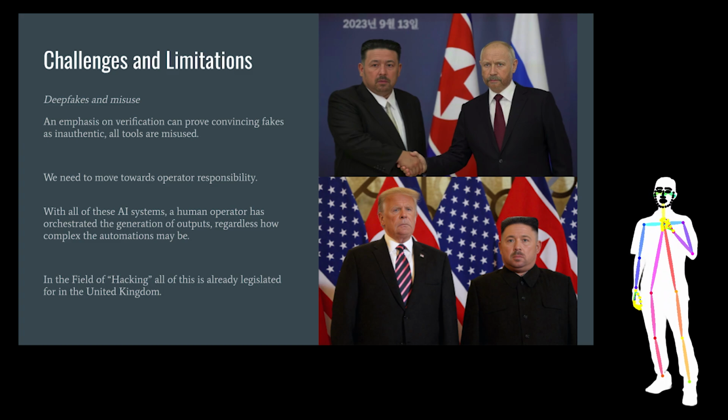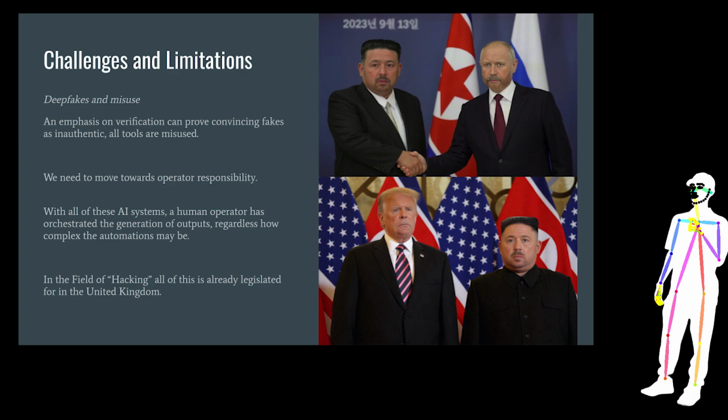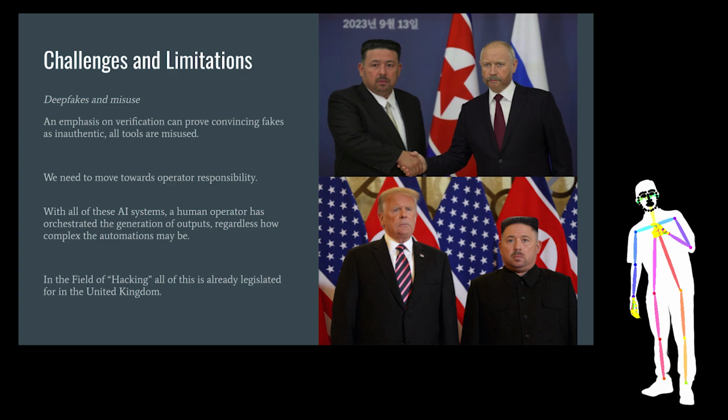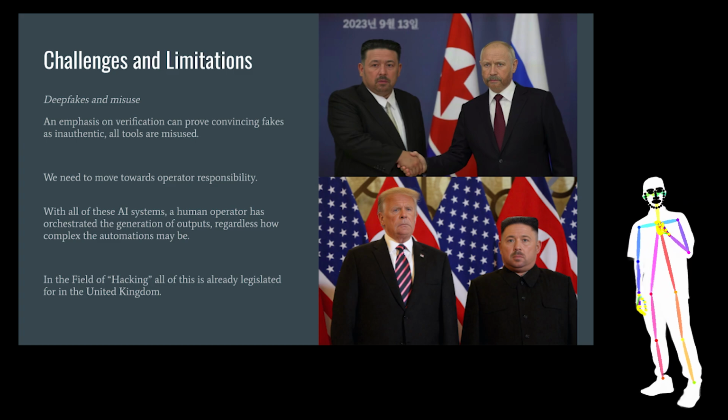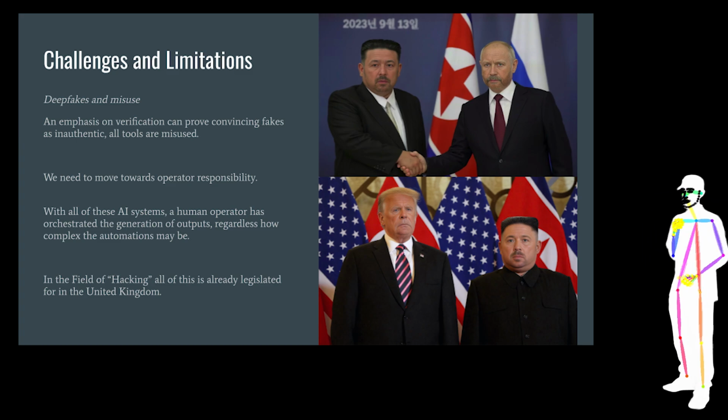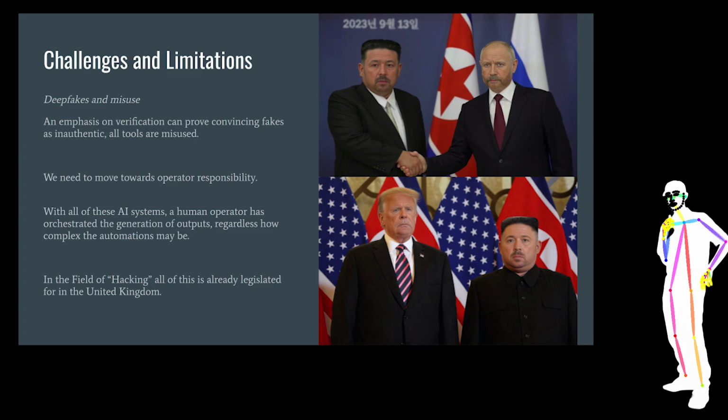And so, you know, people talk about legality and all this sort of thing, but in the field of hacking, if you were to write a worm, which then went out on the internet and automatically did destructive things, you would still be responsible. And so the same will be true for AI. It's just a question of time for the litigation to actually become enshrined in law.